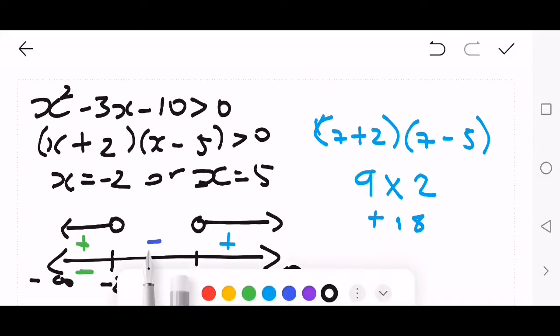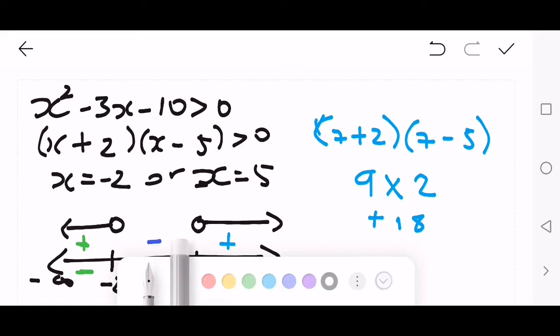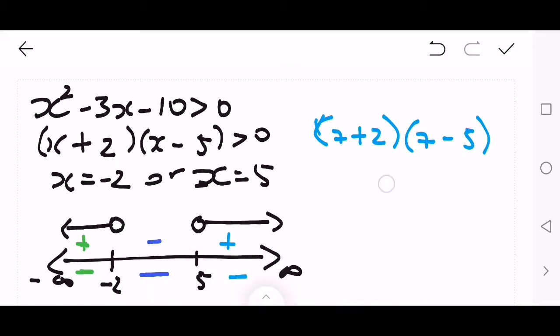The other way is to write it as I will show it here.